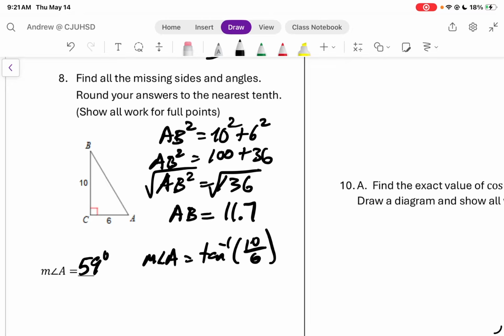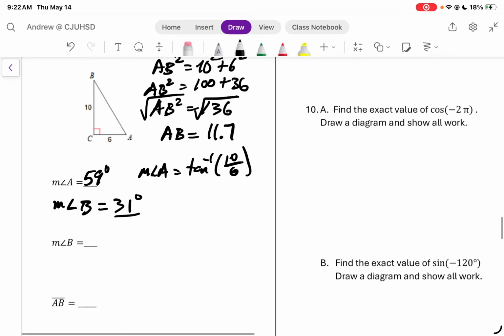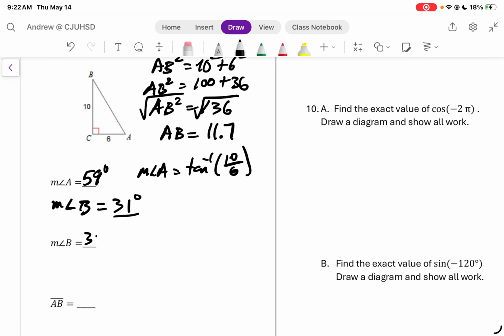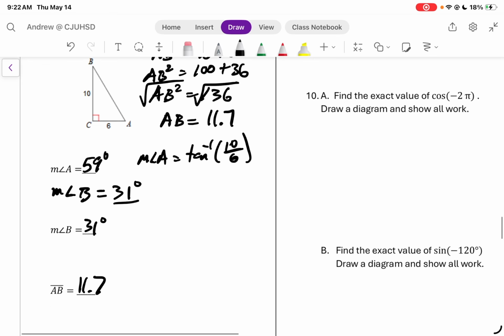It didn't ask you for the measure of angle B, but it should have. That would just be 90 minus 59. That would be 31 degrees. Oh, there it is, 31 degrees. And 11.7. All right, moral of the story, just scroll down.